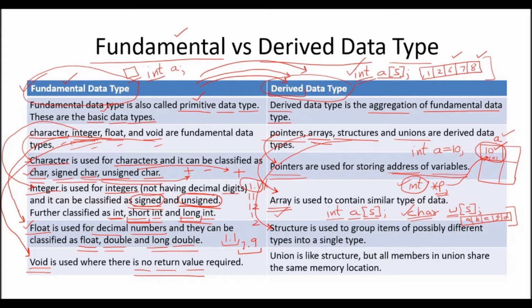I am giving a few more examples of array. Let us suppose that I am having int a. This is the fundamental data type and I am saying int a is equal to 10. So only one memory is reserved and there the value is 10.